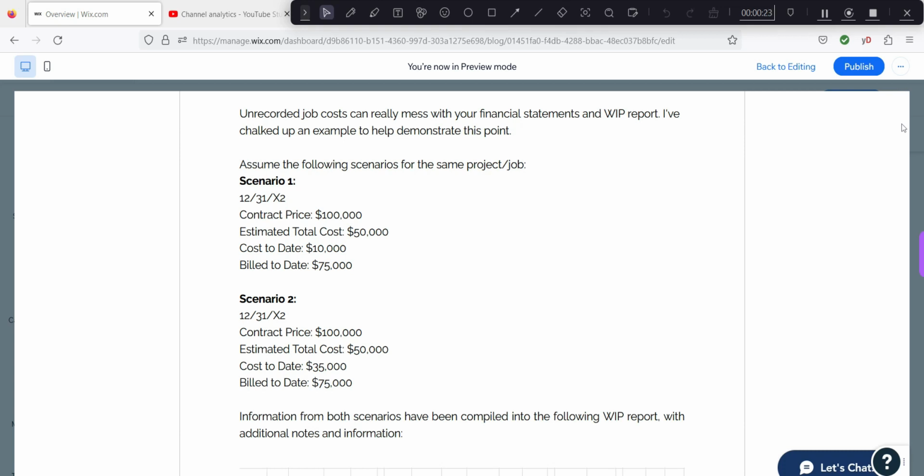Now let's take this same contract or same project and change just one fact, I should say. Same contract price, same total estimated cost. Cost to date $35,000. Turns out there was a $25,000 material invoice that was not recorded in scenario 1. Bill to date $75,000, same as scenario 1, no change there.